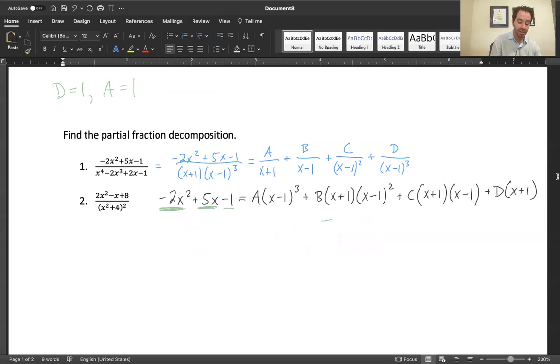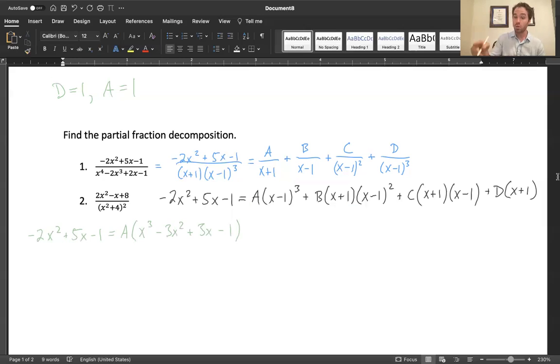For the other ones, there's really no way around it. I do have to actually go and solve a big messy system of equations. Let's figure out what those equations are going to be. I have to expand this out. So I have -2x squared plus 5x minus 1 equals a times x cubed minus 3x squared plus 3x minus 1.